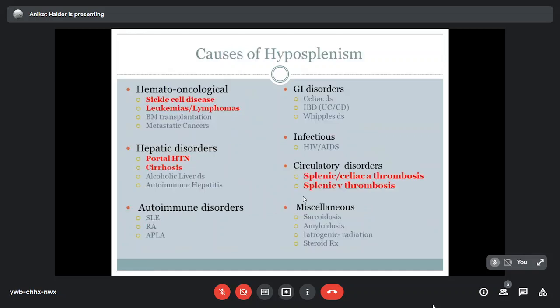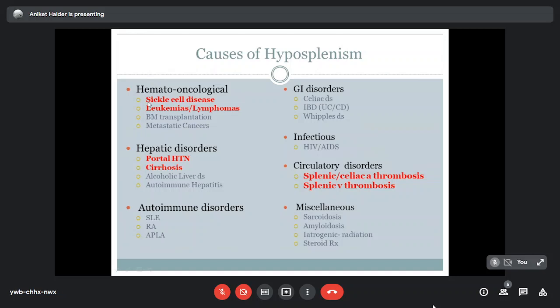So causes of hyposplenism: different hemato-oncological diseases can cause hyposplenism, of which sickle cell disease is the most important cause of hyposplenism. In the previous section on hypersplenism, I had described how acute sequestration crisis of the sickle red cells in the spleen can cause hypovolemia and rapid drop in hemoglobin, causing sequestration crisis and splenomegaly with hypersplenism.